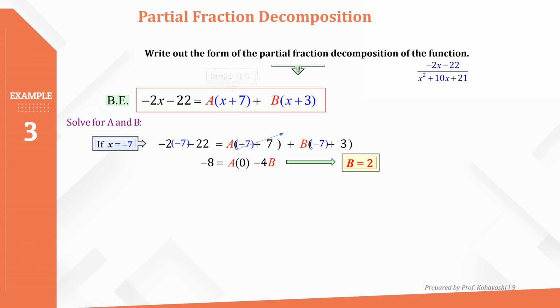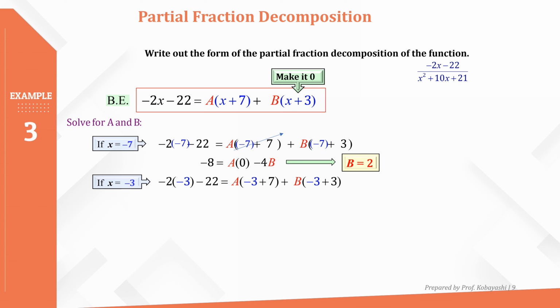Similarly, the root for x plus 3 is negative 3, so substitute negative 3 into the basic equation again and simplify and solve the equation to get A equal to negative 4.